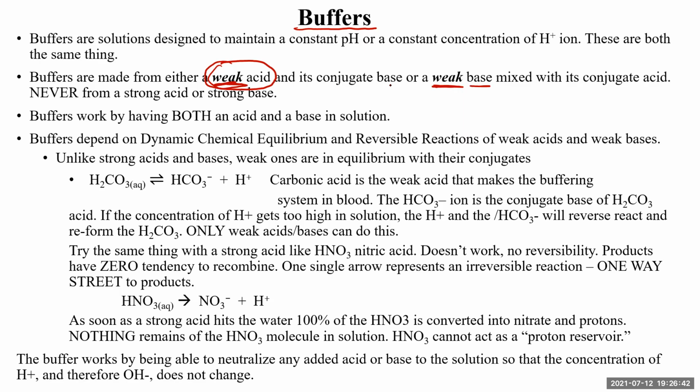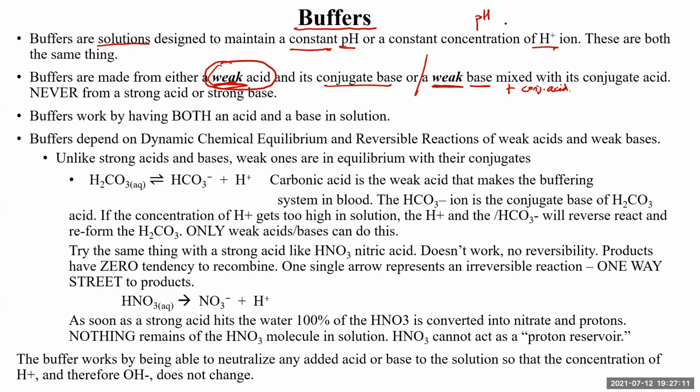So a weak acid and its conjugate base, or a weak base plus its conjugate acid. These are what make a buffer. What is a buffer? A buffer is a solution that is designed to maintain a constant pH, or a constant concentration of hydrogen ions, or a constant pOH, or a constant concentration of hydroxide ions. These are all saying the same thing.